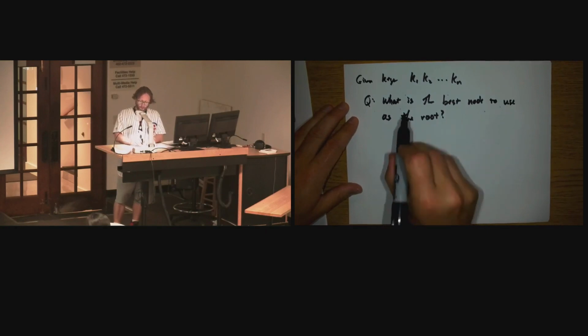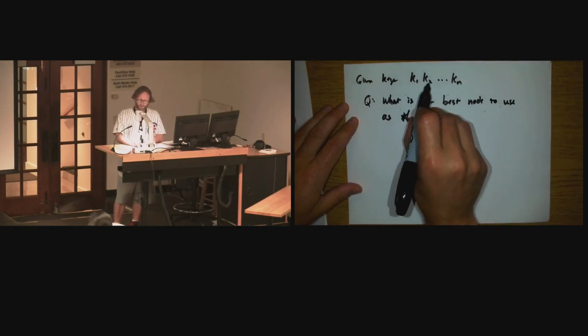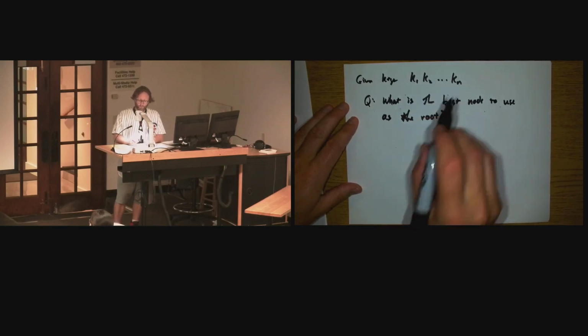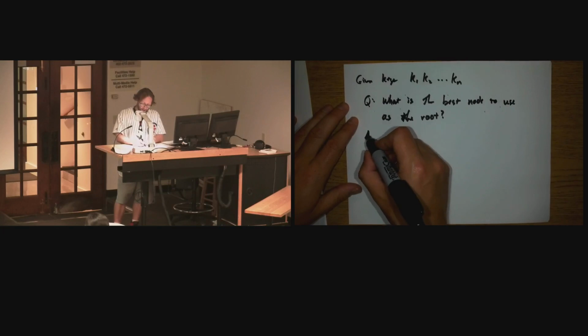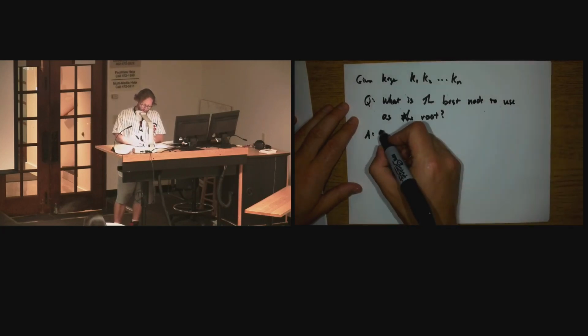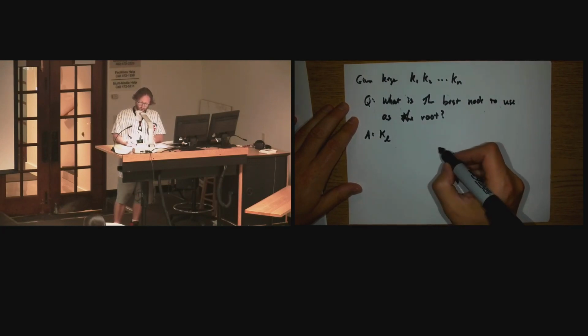Right? Is it the first one and then skew everything to the right? Or is it the second one? Or is it the third one? Or is it the fourth one? Or is it the last one? Right? Let's keep it general, let's say that the answer is K sub L. Right? What does our tree look like then?